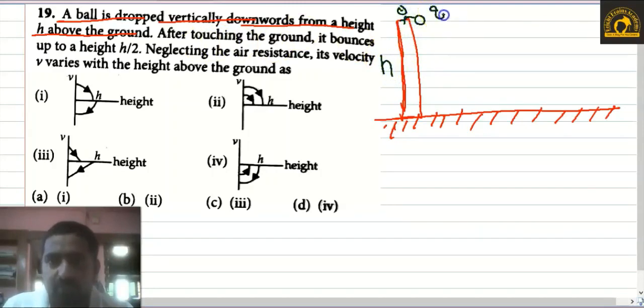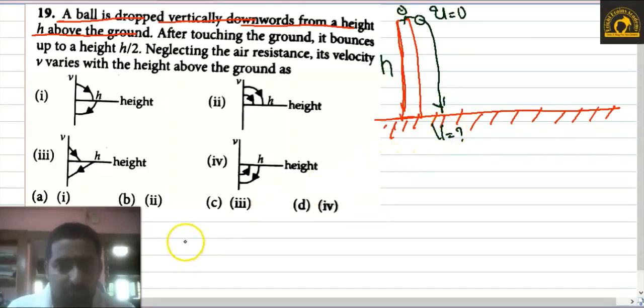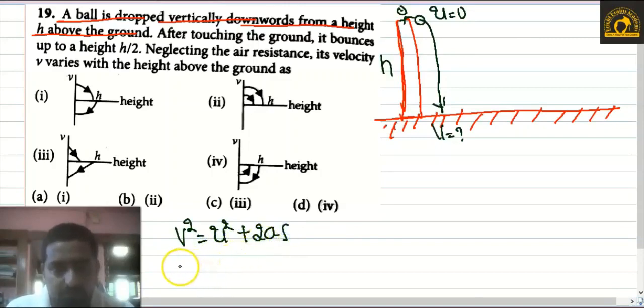What about the initial velocity of the ball? The initial velocity of the ball is 0, when it is dropped towards the ground. What about its final velocity? The final velocity is calculated using the formula v square is equal to u square plus 2as. So v square is equal to 0 square, in the downward direction. Downward means the acceleration due to gravity is minus g.